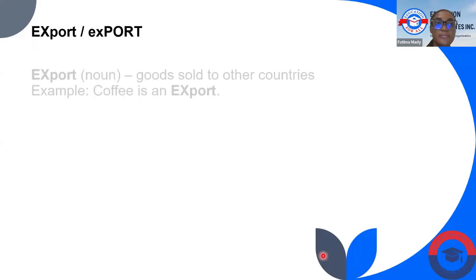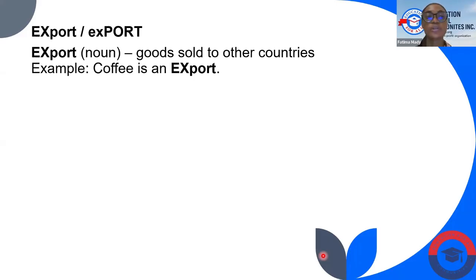Okay. Now we have another example, export and export. Export is the noun. It means goods sold to other countries. For example, coffee is an export. That's a noun.